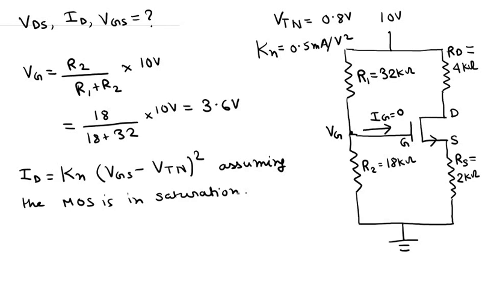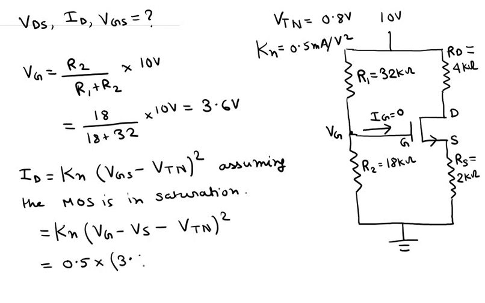So this is the current that is flowing through the MOSFET, and VGS is equal to VG minus VS. So we get Kn into VG minus VS minus VTN whole square. Now this VG we have already calculated to be 3.6 volts. We put Kn equal to 0.5 milliampere per volt square, VG equal to 3.6 volts. And what is the value of VS?